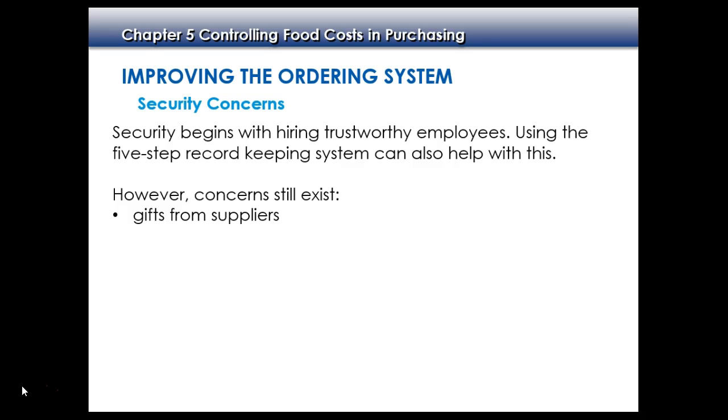You want to make sure no one else is getting something that they shouldn't be getting. Now, substitutions on orders. You could be not getting the right product, not getting approved substitutions. And then also theft.